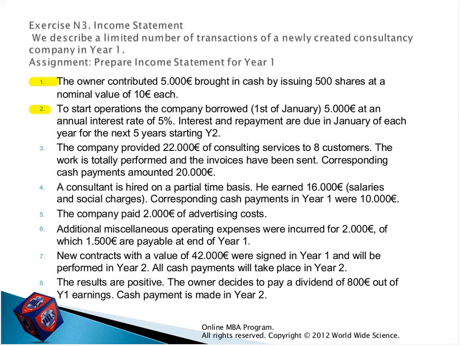And very important, the interest and the repayment should be done in January each year, starting from the second year, right? But right now, our assignment says that we have to prepare the income statement for the first year only. So this transaction won't be contributed to our income statement, because the interest and repayments would be realized in the second year.